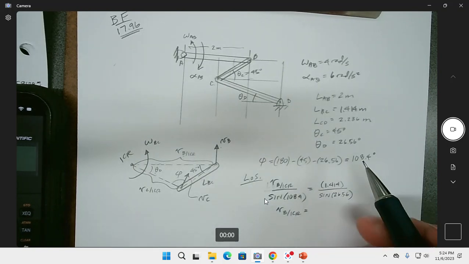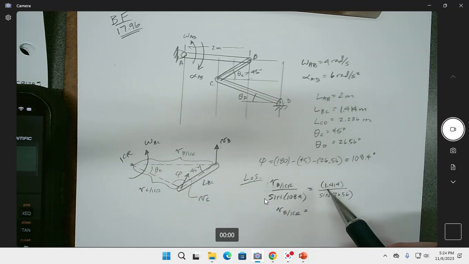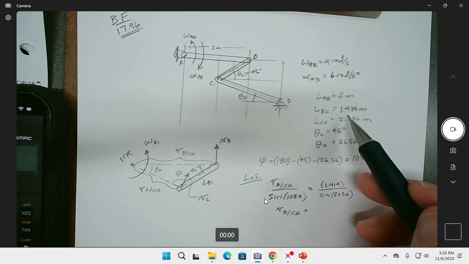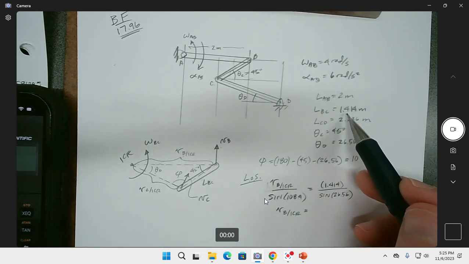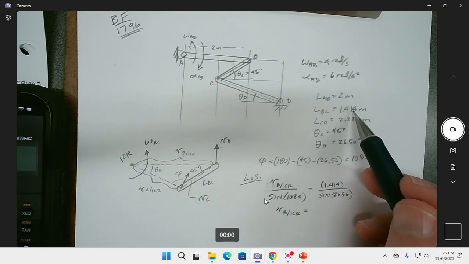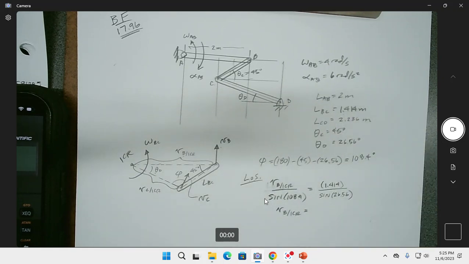Yeah, I got it quite off. I got 3.11. So let me double check everything. 1.414. I had 1.4142 on my page. And this angle, 26.56, is what I have on there.